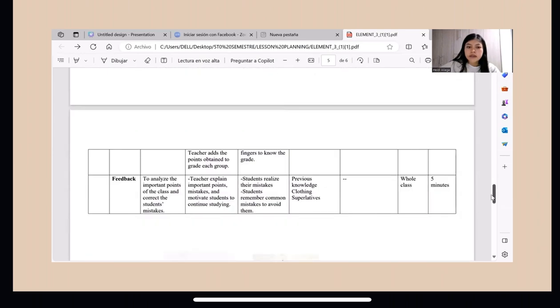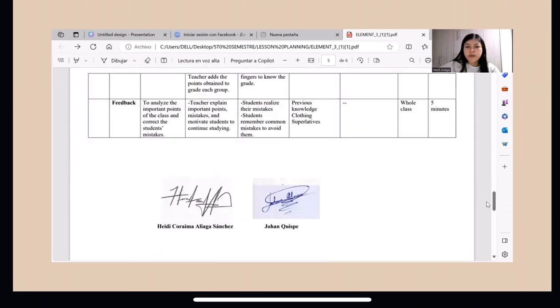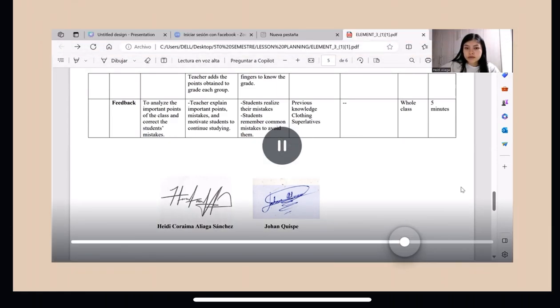Here we have the feedback part, that is to analyze the important points of the class and correct the students' mistakes. Sometimes students can have a specific problem with the use of words. For example, here in the irregulars, the problem is the most powerful because we don't know the irregulars a lot.